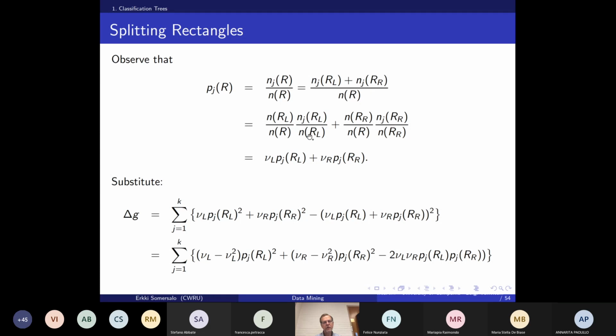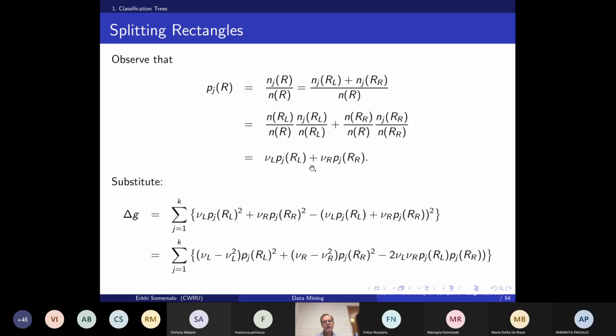And here I have the frequency of being in the class J, given that you're on the left, and here is the frequency of being in the class J, given that you are in the right rectangle. So you can interpret this P_JRL and P_JRR as conditional probabilities. Okay, so it is the probability of being in the class J given that you are on the left or given that you are on the right, times the probability that you are on the left or on the right. So you see that this is really nothing else but the formula of total probability.